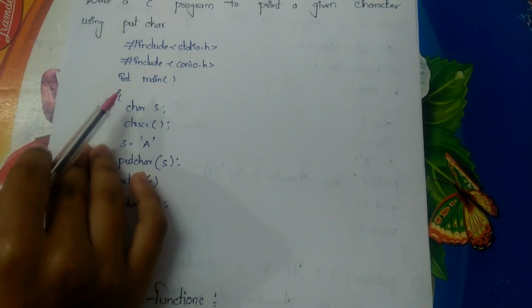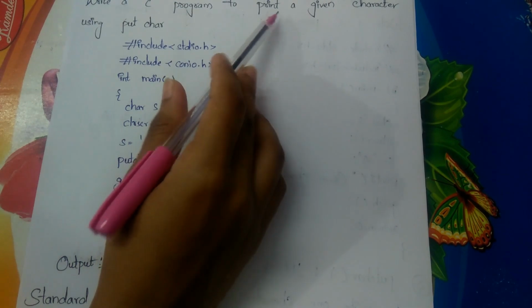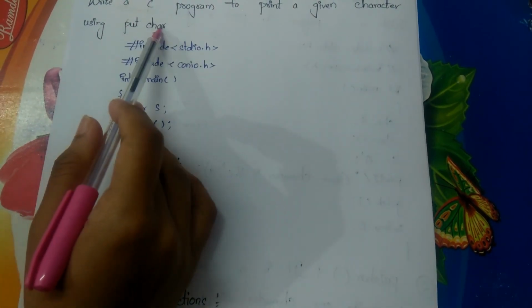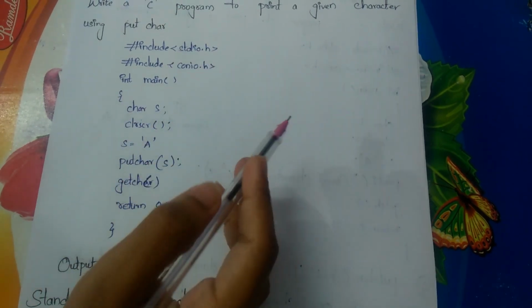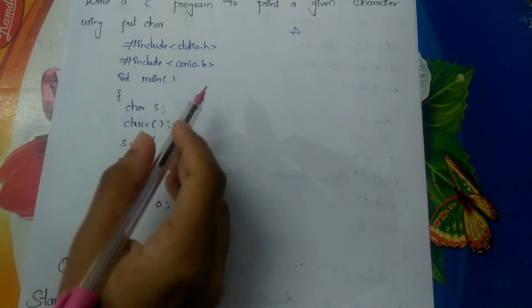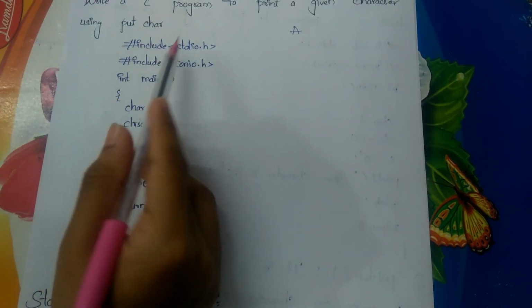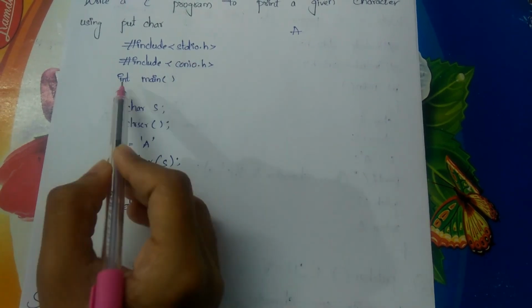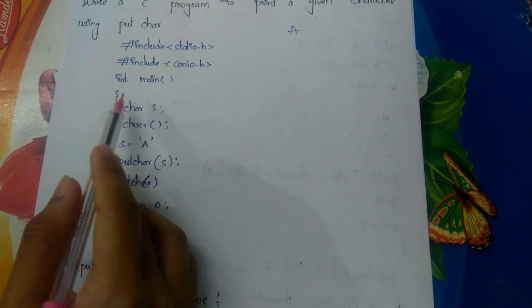Now let's see the program. Write a C program to print a given character using putchar. So using putchar we have to print a given character. For example, the given character I want to print is A. Now #include stdio.h header file, #include conio.h, int main, and the open brace.